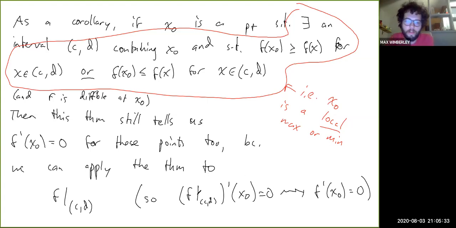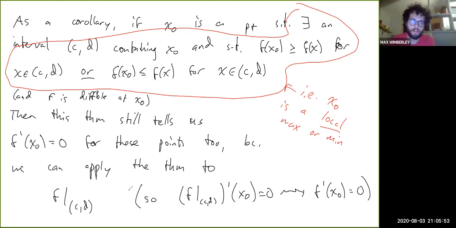If the restriction is differentiable at a point, then f is differentiable at the same point, and they have the same value, and vice versa. If f is differentiable at a point, then the restriction is differentiable there as long as the point is in the interior of the set to which you're restricting. So in this case, since it's an open interval, that's automatic.